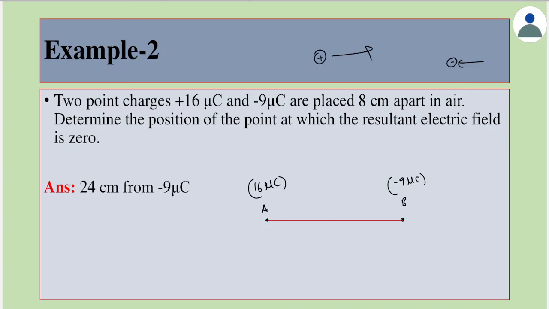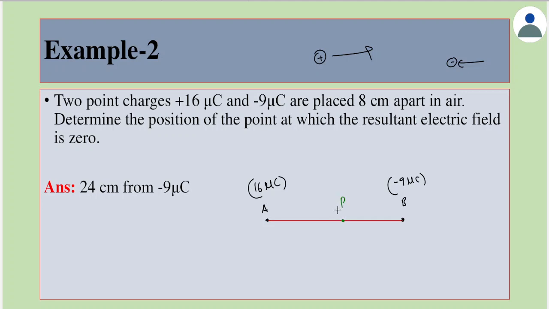So we can take 3 points: a point in between A and B, a point to the right of point B somewhere here, and a point to the left of point A. So we'll find out at which points the field can be 0.